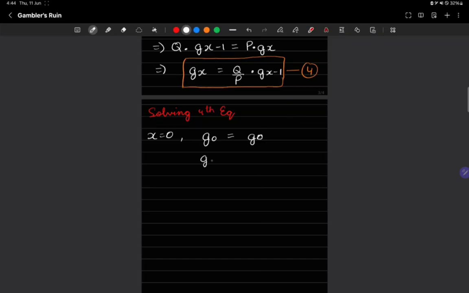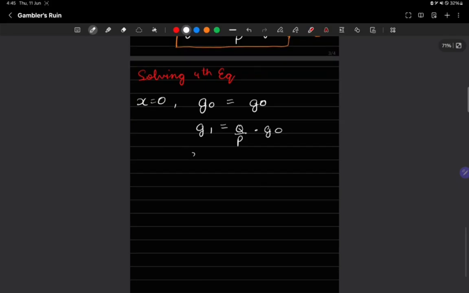But when we go to g1, then it will become q by p into g0, because 1 minus 1 will be 0. Now g2 will become q by p into g1, but we can write that recursively using q by p into q by p into g0.